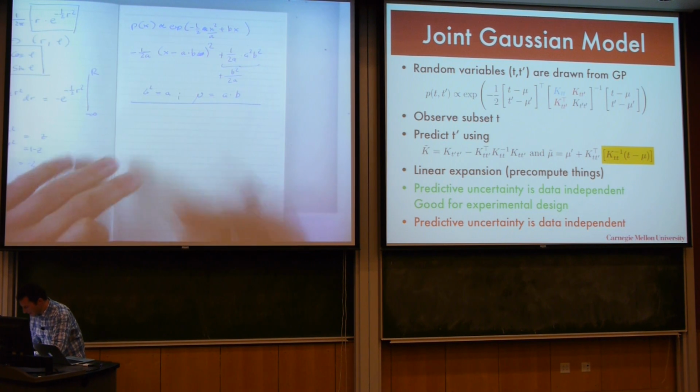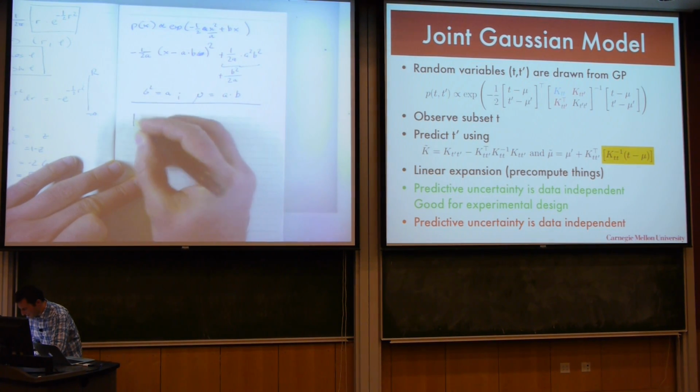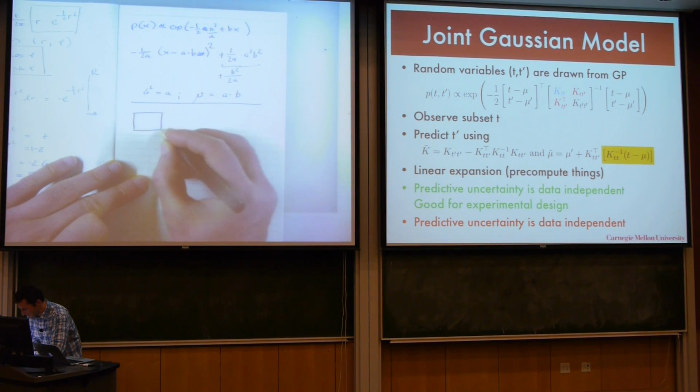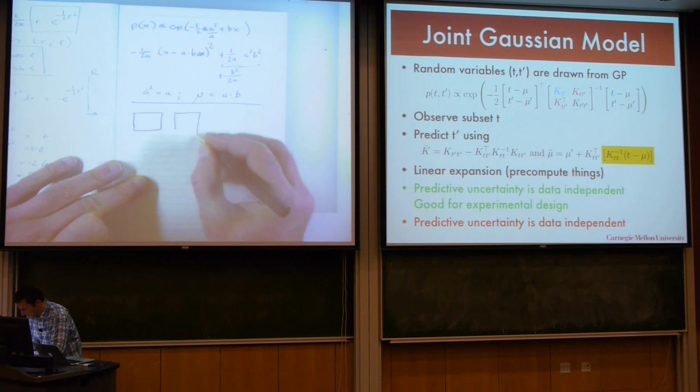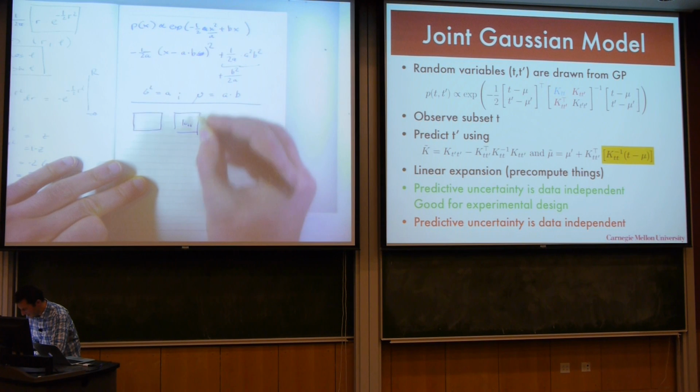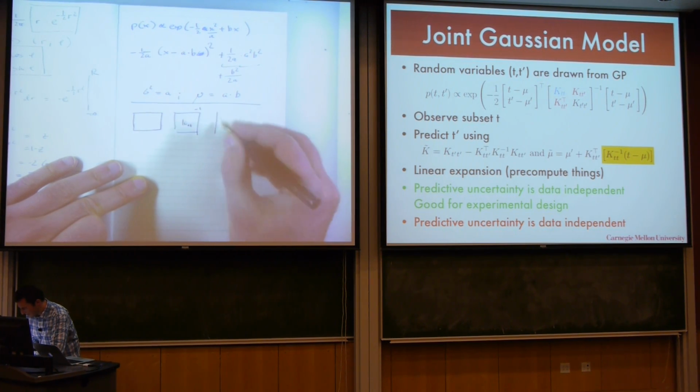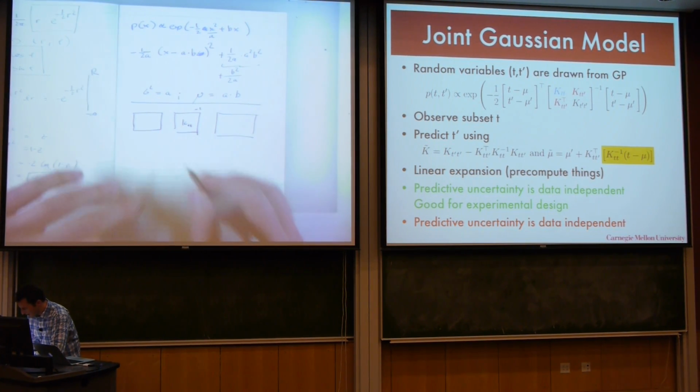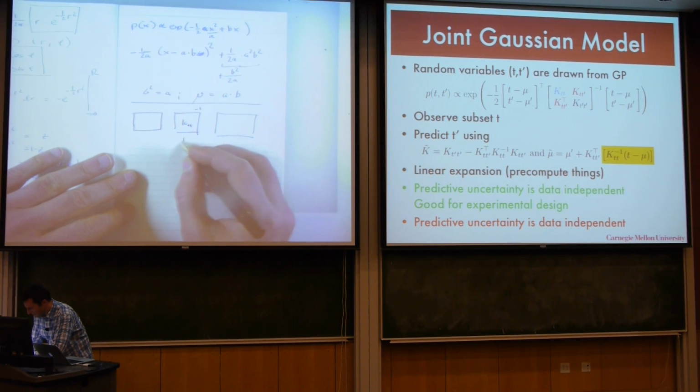And so what you do is, you have basically one matrix here. You have this KTT inverse, and you have another matrix here. And so the idea is to use the factorization, LL transpose.